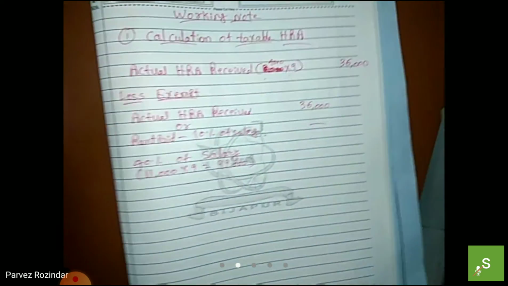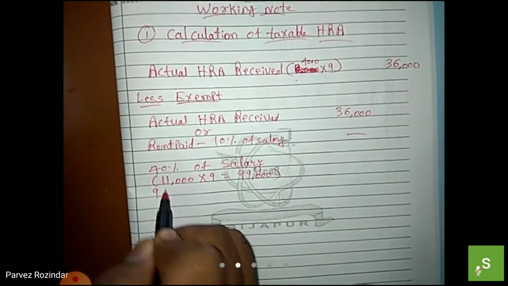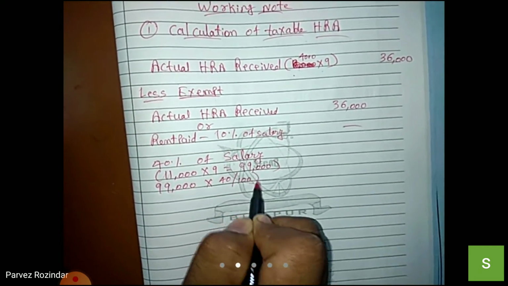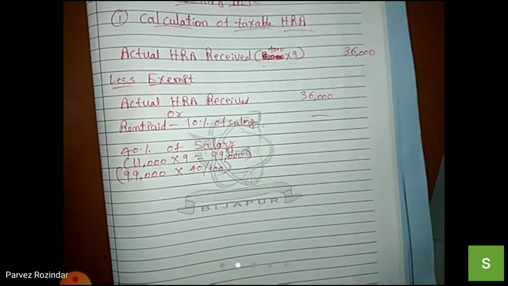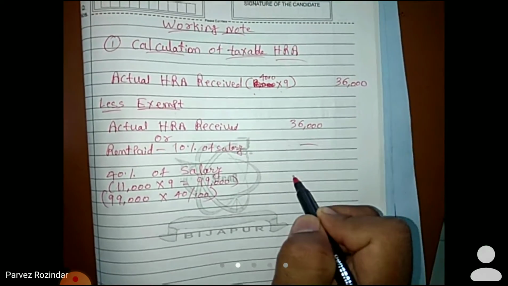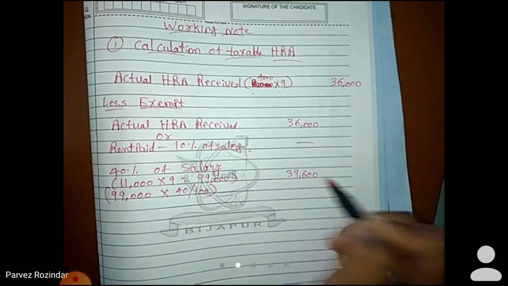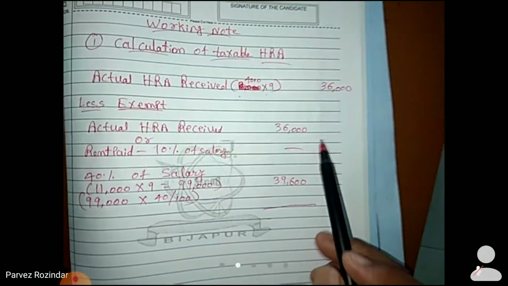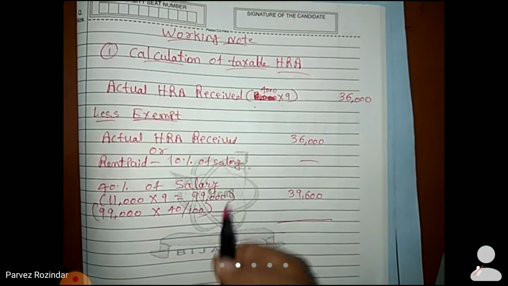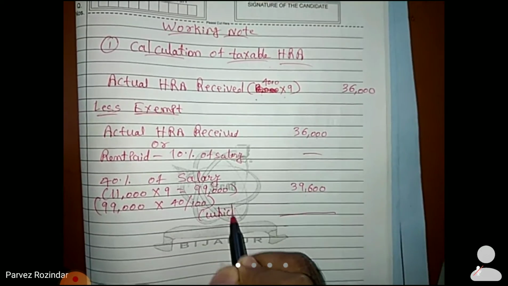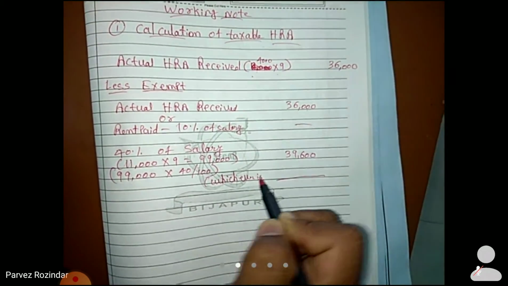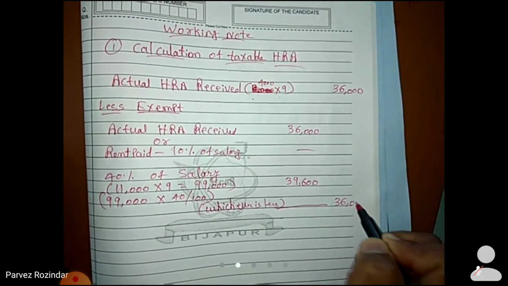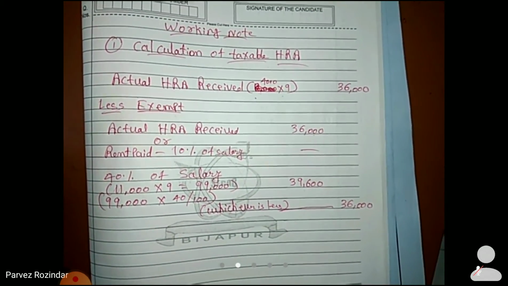This is salary for HRA. 99,000 into 40 divided by 100, 40% of the salary for HRA, is 39,600. Out of 36,000 or 39,600, whichever is less, that is 36,000. So this is exempted HRA.